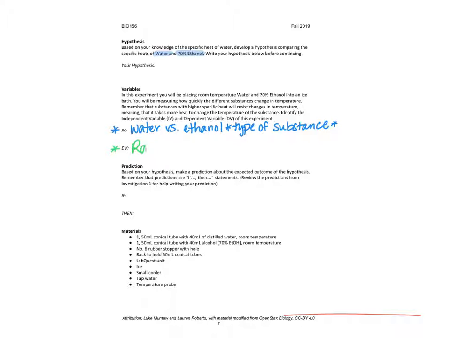So we're going to be looking at the rate of temperature change between these two liquids. All right, so from there, now we can work backwards and figure out what our hypothesis is.